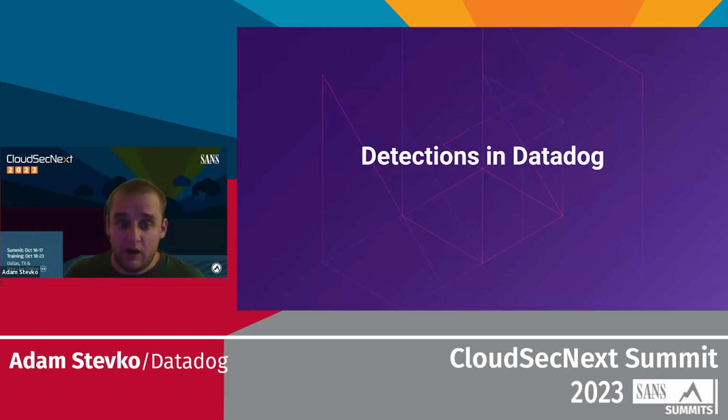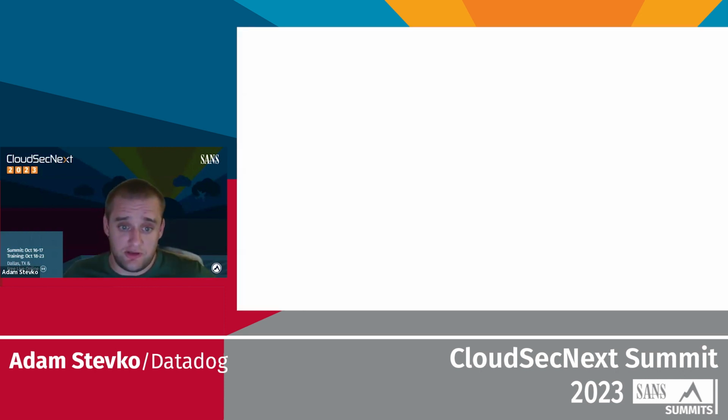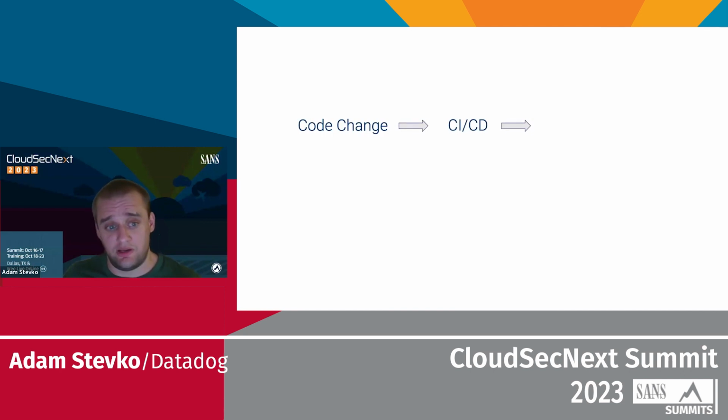So how do we do detections in Datadog? To provide a bigger picture, it starts with the code change. Then we do an iteration through the continuous integration system. Once the developer is happy with the result and the misconfigurations have been fixed, the continuous deployment will take it and deploy the code to production.